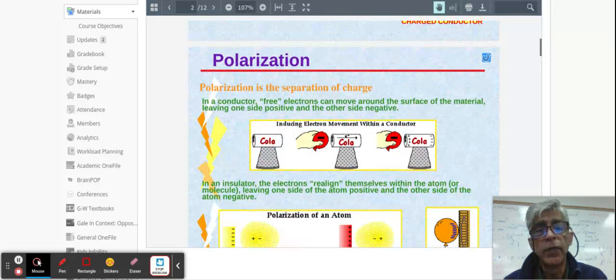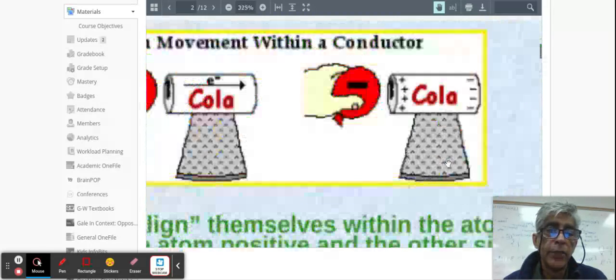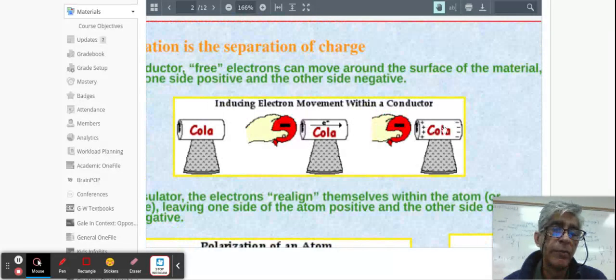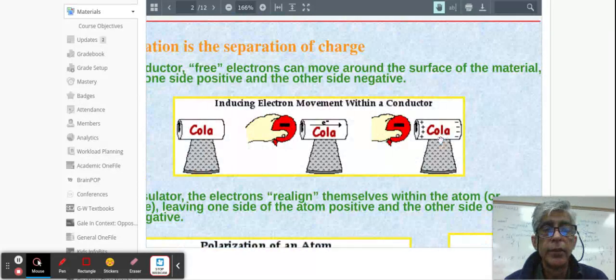So now let's look at what polarization is. Over here we have this Coke can, and this Coke can has been polarized. What we mean by polarized is that there is a kind of direction to this.